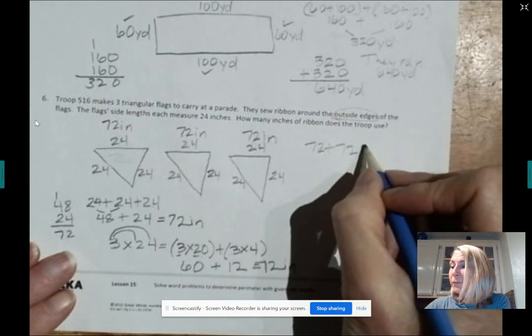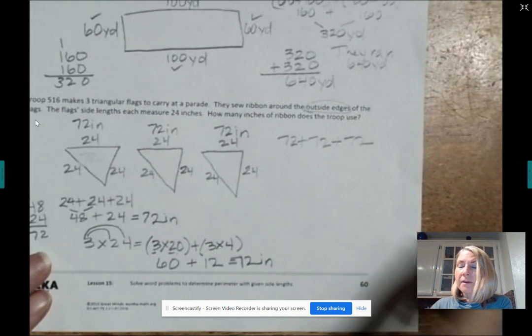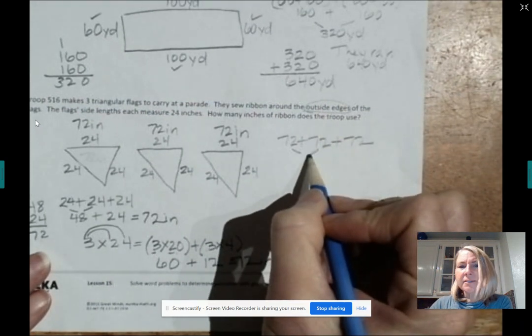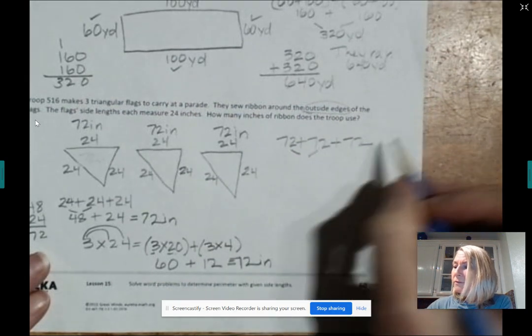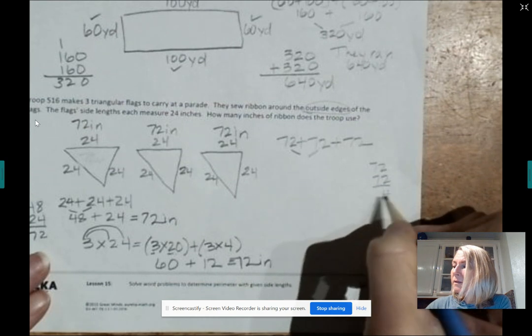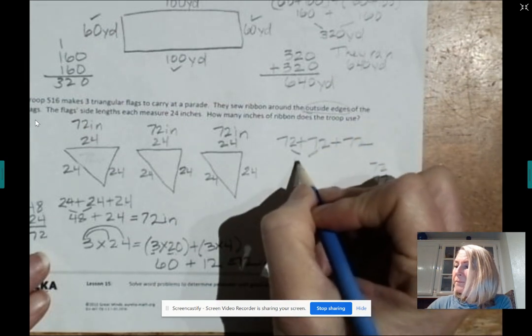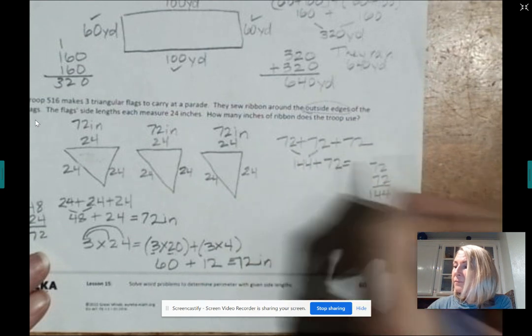or I could use distributive property. Okay, so this one's a little bit of work, but great practice, and you can do it for sure. 72 plus 72 is 144 plus another 72.